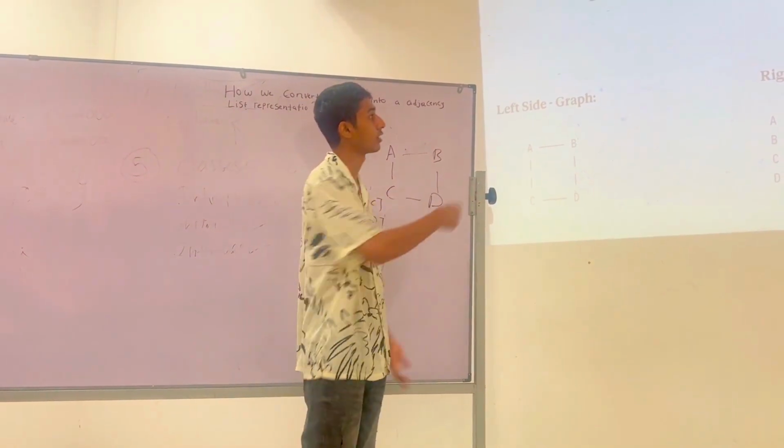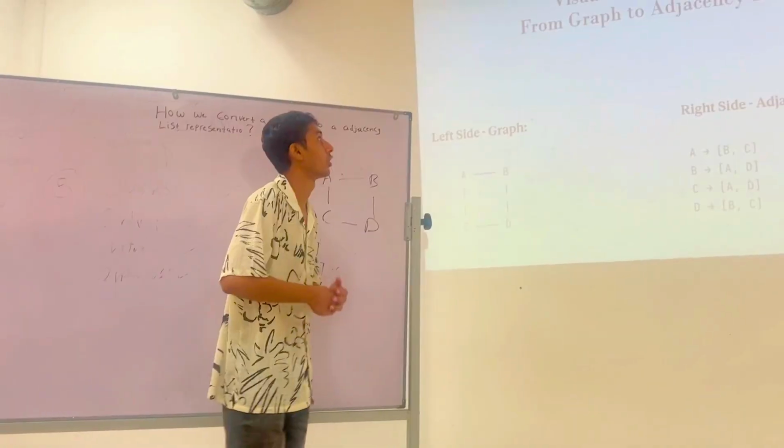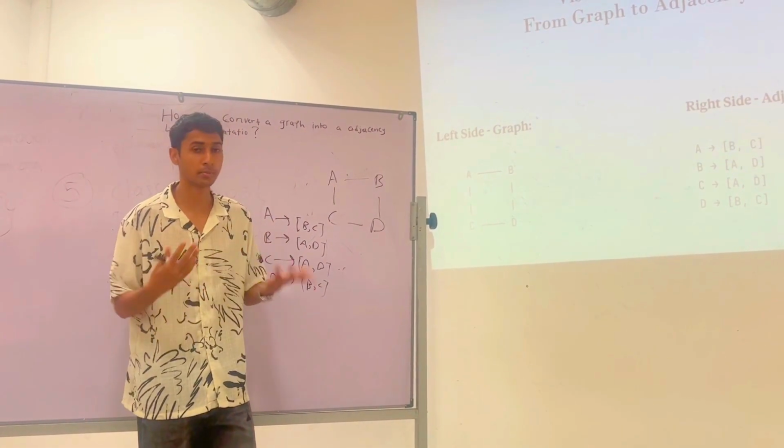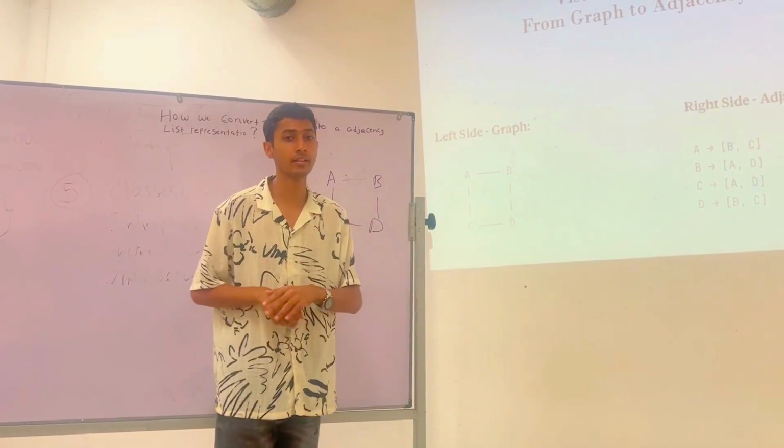This side is the graph and the right side is the adjacency list. I hope you have got a very clear understanding of the visual representation of graph and adjacency list.